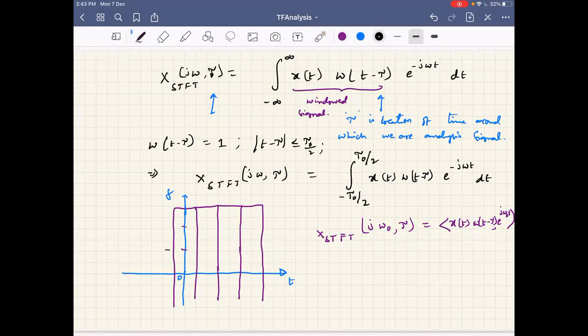So if this is omega naught, we can analyze this one omega naught frequency, and if this is tau, we are analyzing the frequencies of this duration, at omega naught.